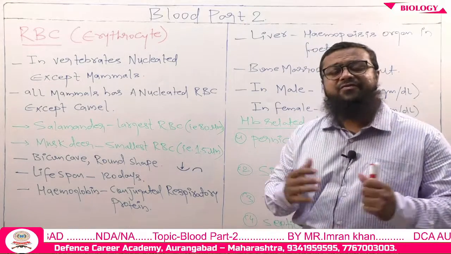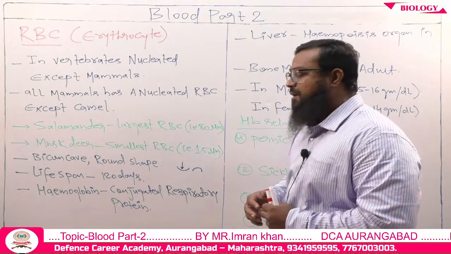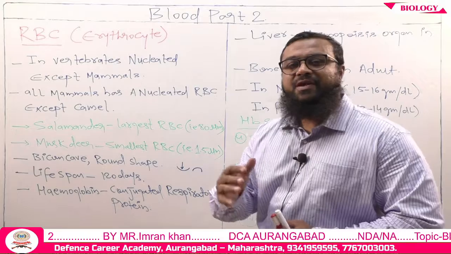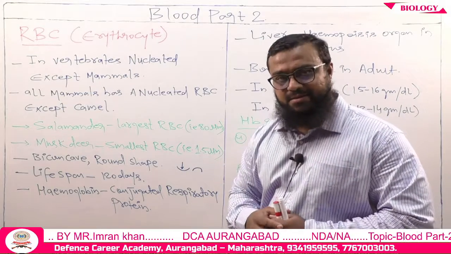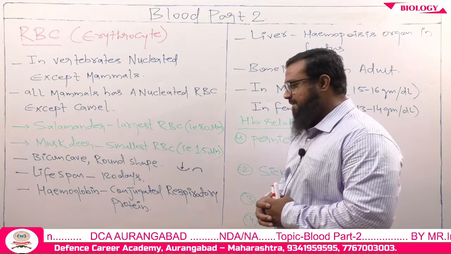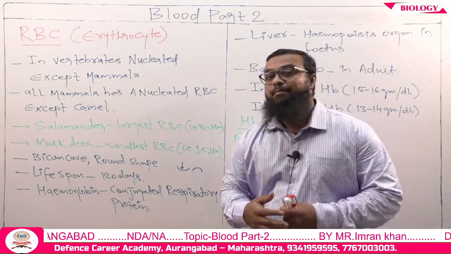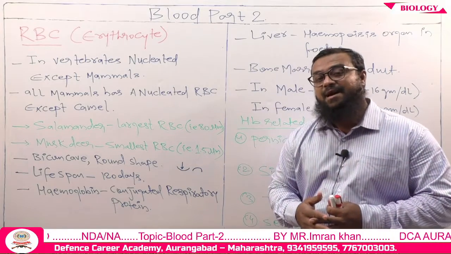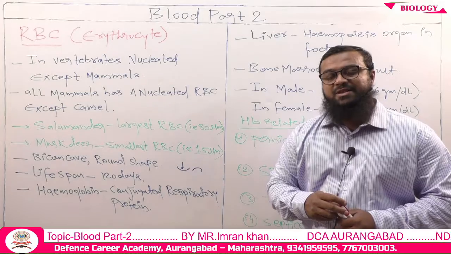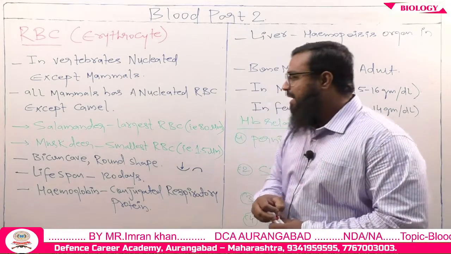What about the lifespan? If an RBC is produced, it lives or survives up to 120 days. 120 days is the lifespan of RBC. Now, what about the protein? An important protein present in RBC is called HB, which means hemoglobin.